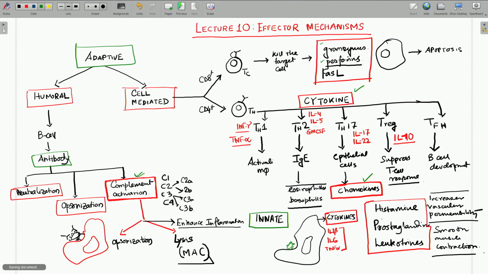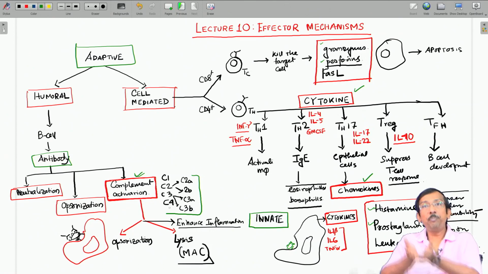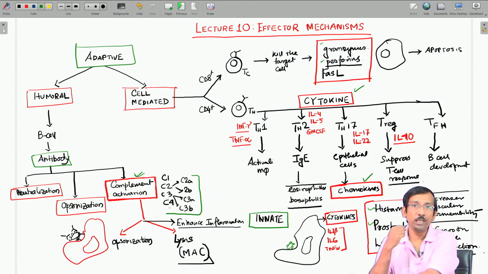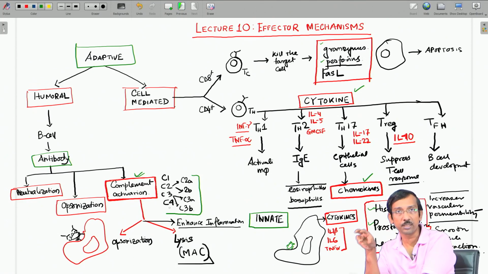We have histamine and the prostaglandins, which are mostly enhancers of inflammation. So, they are involved in the inflammatory responses, and also we have the cleavage products of the complement activation pathway. All of these effector molecules work together to amplify the signal. They effectively work on the different target cells and try to kill them.